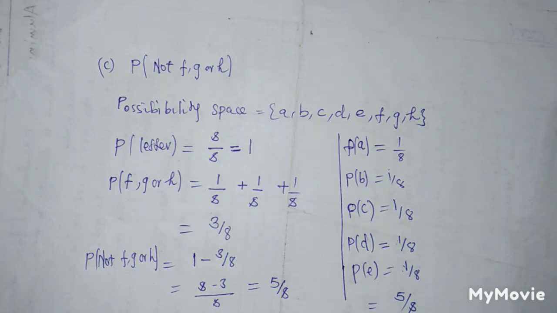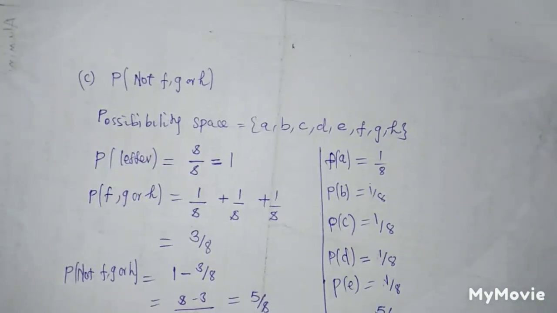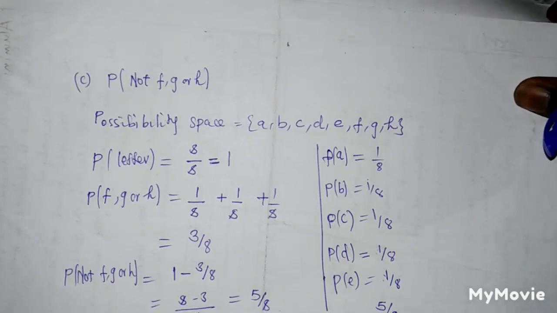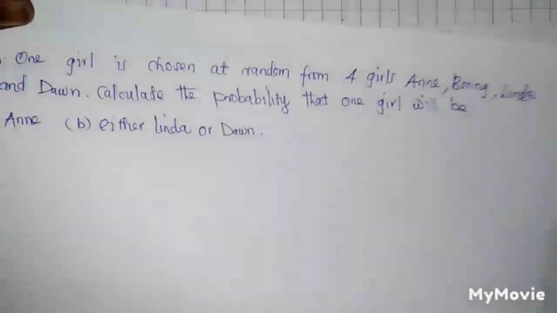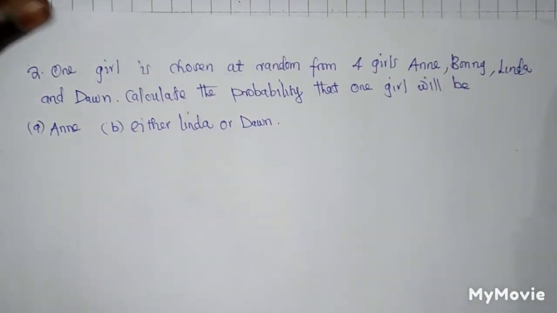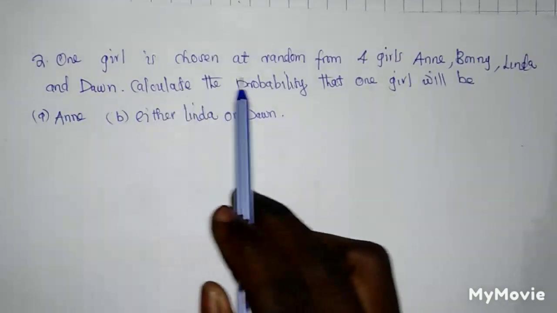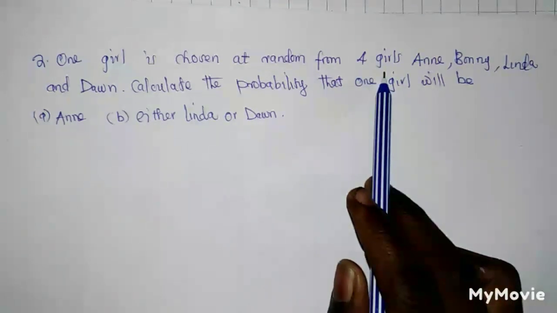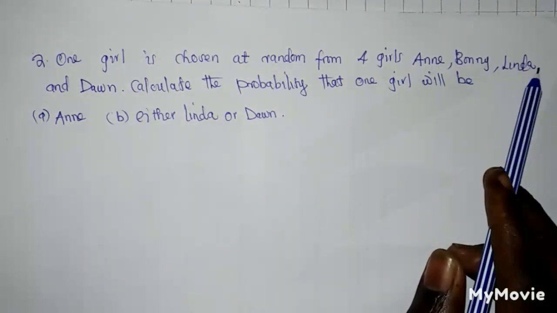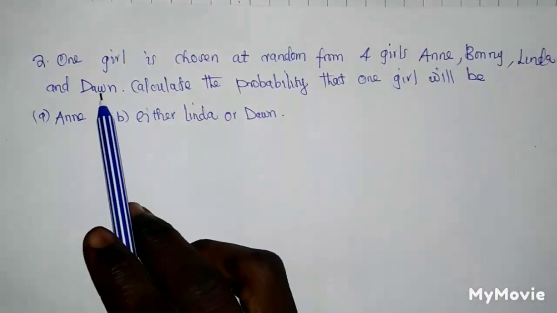So let us proceed to question 2. Question 2: One girl is chosen at random from 4 girls: Annie, Bonnie, Linda, and Dawn.